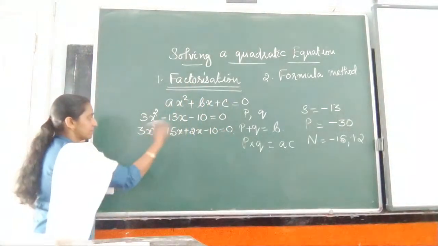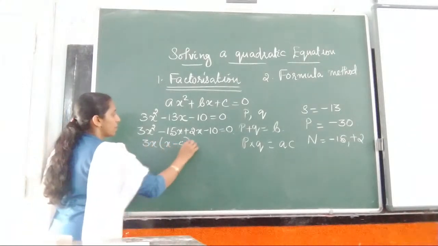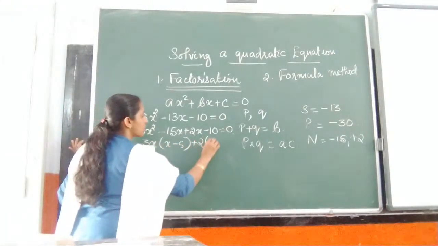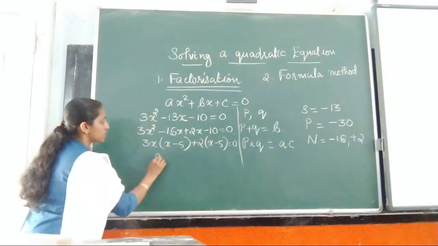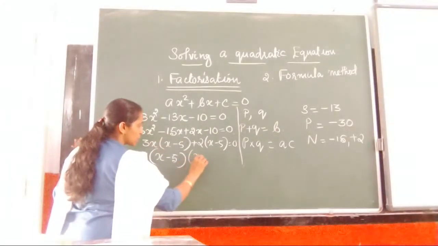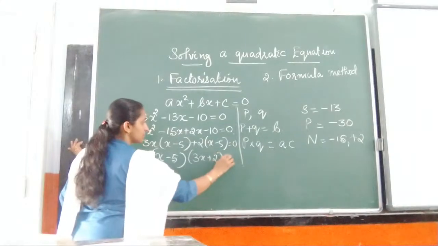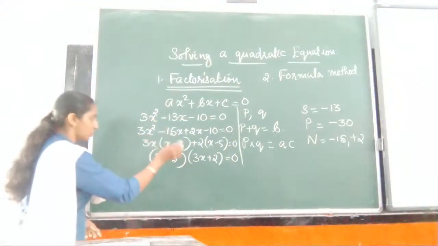After taking out the common factor, you are getting x minus 5 plus 2 into x minus 5 equal to 0, and you are getting x minus 5 into 3x plus 2 equal to 0. x minus 5 into 3x plus 2 equal to 0.